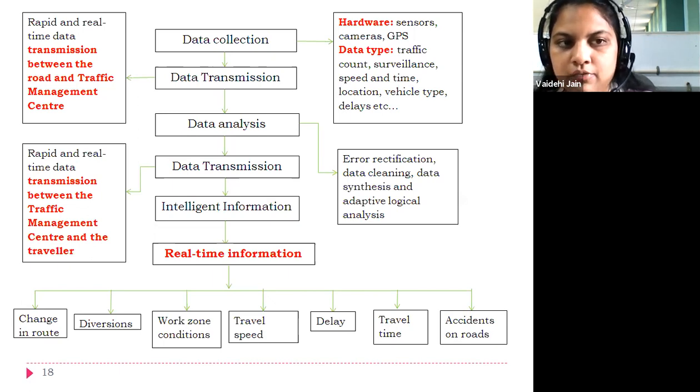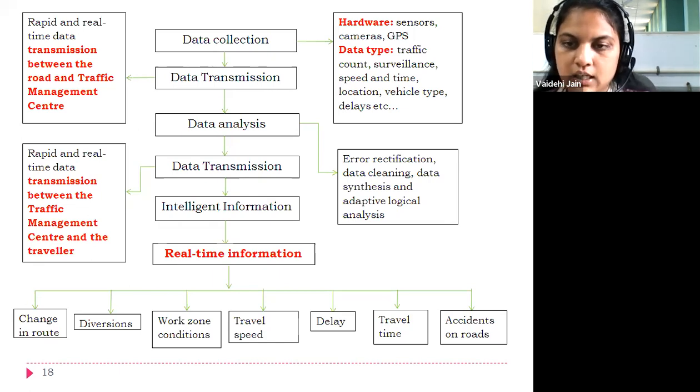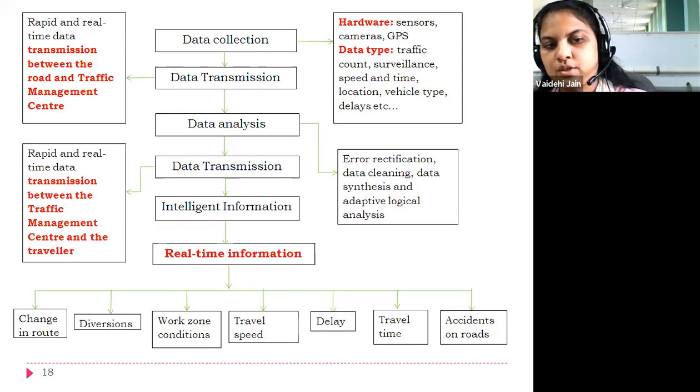So the traffic management center will manage and analyze those data, and after rectification of all the errors, cleaning of the data, and some analysis, whatever data is required by the traveler, in whatever form it is required, it converts that haphazard data into that form. Then again data transmission happens, and now this transmission is from the traffic management center to the traveler.